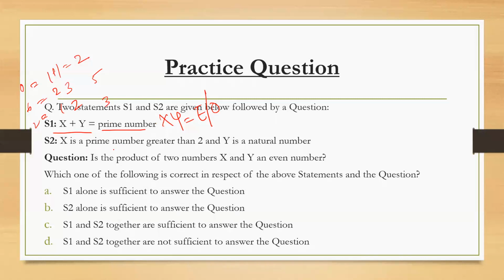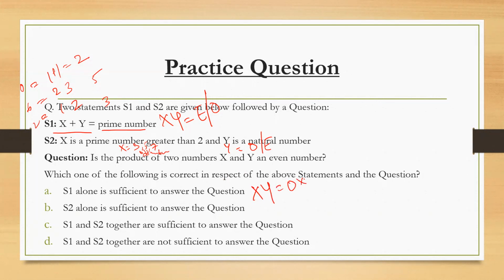Now what about this one? It is said x is a prime number greater than 2. Then that means x can have values what? 3, 5, 7. Okay, that is all odd numbers. Okay, and y is a natural number. That means y can be either odd or even. Okay, it could be 1, 2, 3, 4, 5, like that. So here what happens to the product xy?